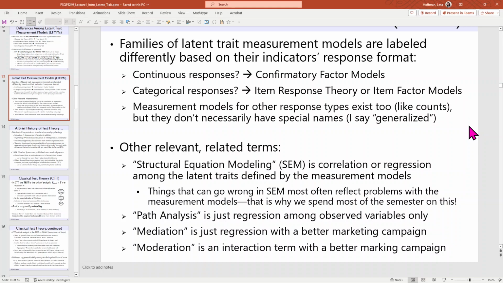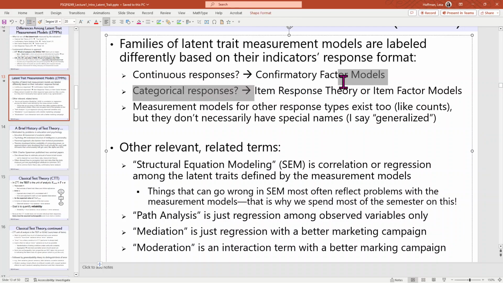Once we switch to predicting binary, ordinal, or nominal responses, categorical outcomes broadly construed, that is known by two different names. One is item response theory, and it's not a theory anymore, just like regression is not a theory, that's just what it's called, IRT for short, or item factor models or item factor analysis.